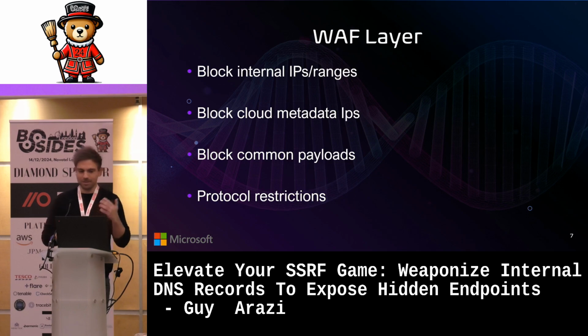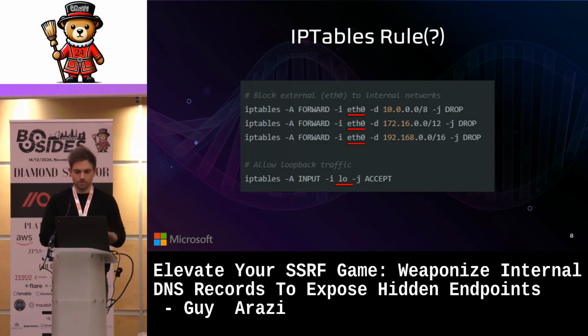We all know that a WAF can block internal IP ranges and all kinds of known payloads, and restrict protocols. In some cases, which is not mentioned here, we can also whitelist common parameters or values within the WAF, which allows us to block SSRF essentially from this perspective.